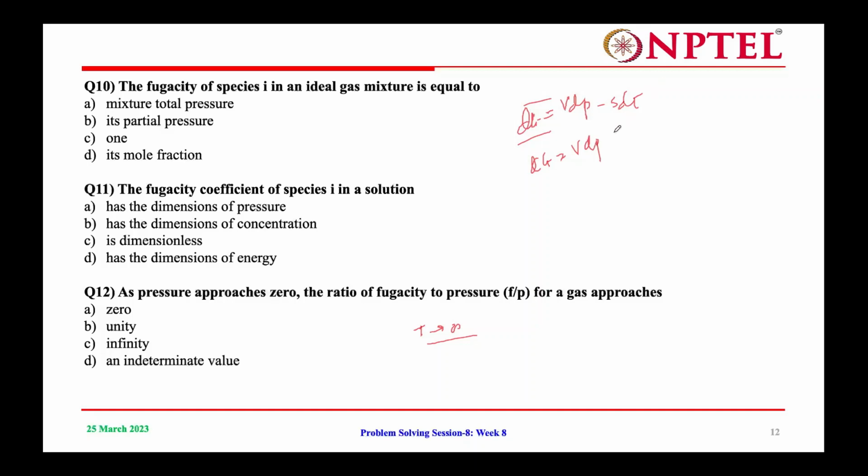If you go for a certain condition like constant temperature, then you will get the fugacity term. But I will check what the effect on this ratio is if T tends to infinity.